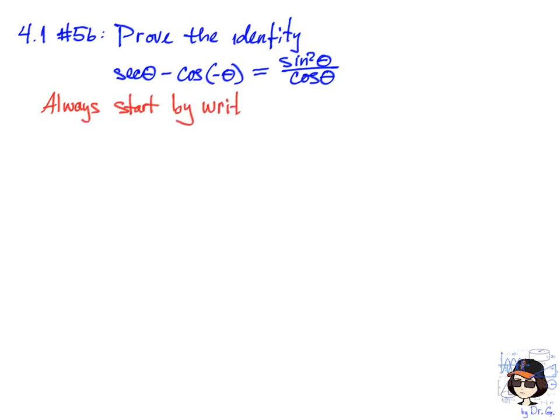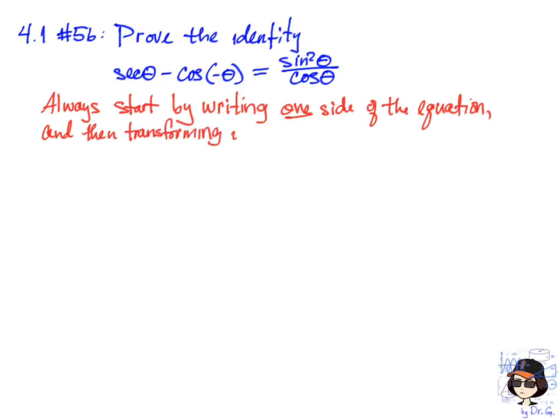I want you to always start by writing one side of the equation down on the left, and then on the right, you start transforming that into the other side of the equation. So what you're doing is you're proving that this equation is true for all values of theta for which it's defined, right?